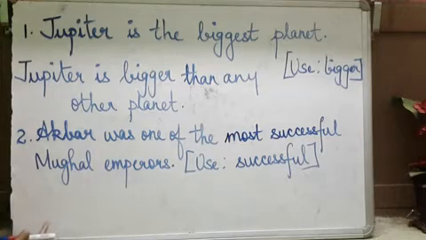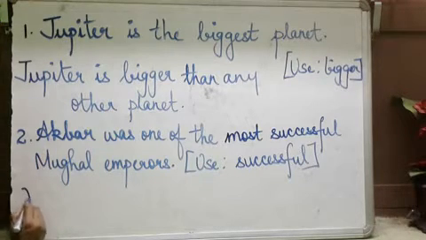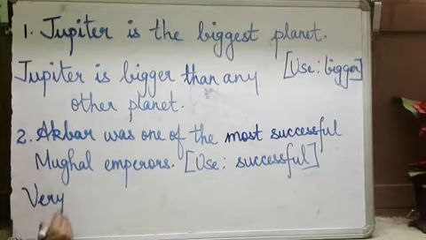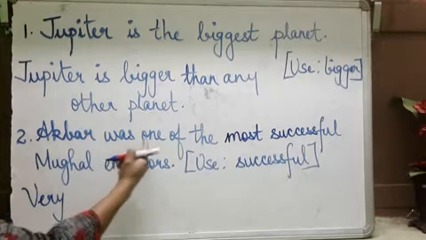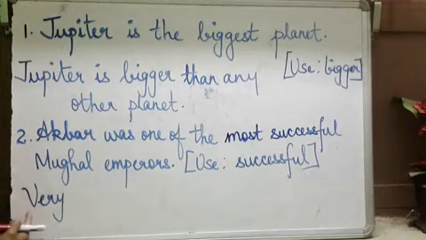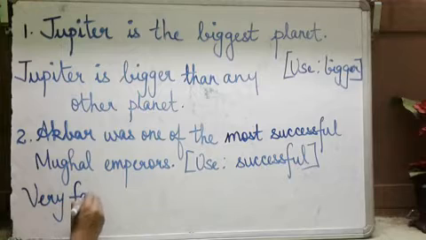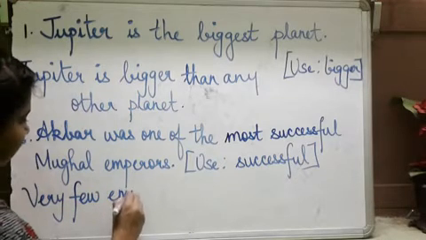So how will you start this sentence in the positive degree, in the second pattern? Using very few. You should not forget. Why are we using very few? Because one of the is there and the noun is in plural form. That is why we start the sentence using very few. So now we will use very few emperors.